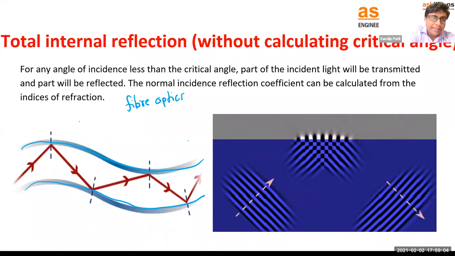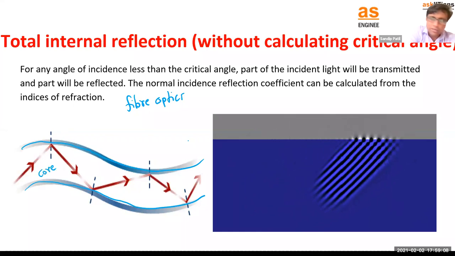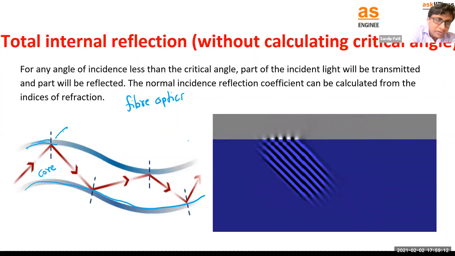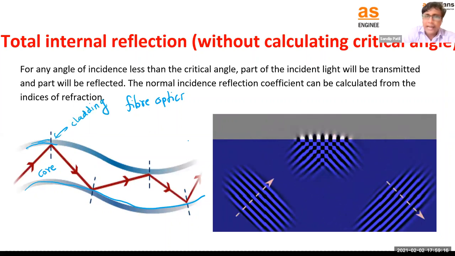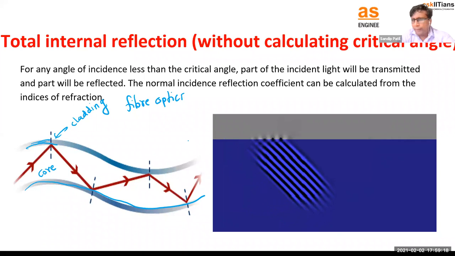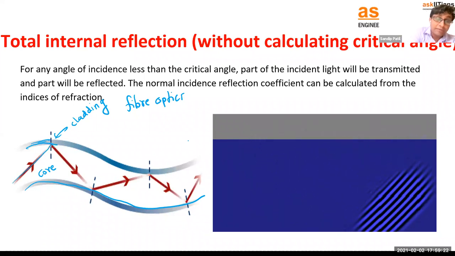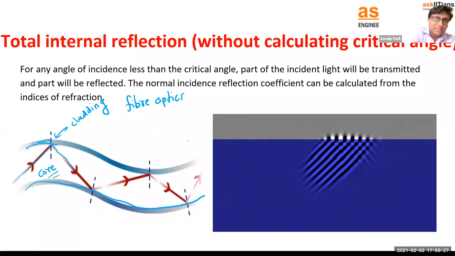For that, you need one thing. This material is called the core material, and the outside material is the cladding material. Our important condition is what? The ray passing in this will get totally reflected only if the core is the denser medium.